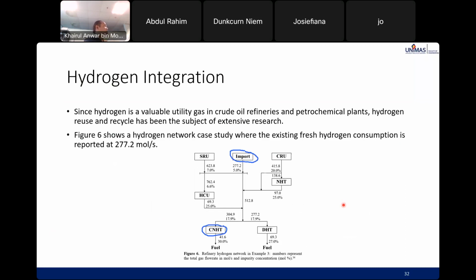Since hydrogen is a valuable utility gas in crude oil refineries and petrochemical plants, hydrogen reuse and recycle really has been the subject of extensive research. Figure 6 shows a hydrogen network case study where the existing fresh hydrogen consumption is reported at 277.2 mole per second here.